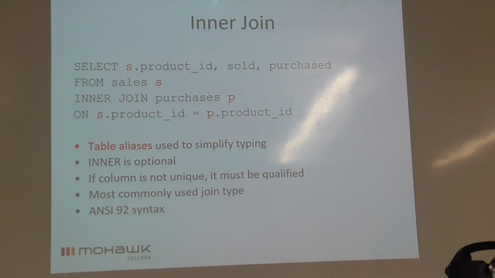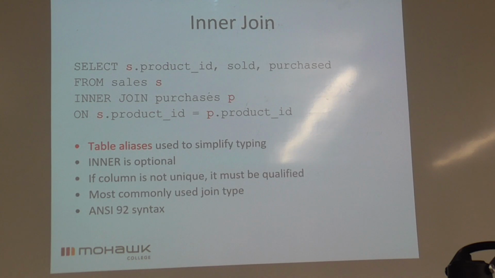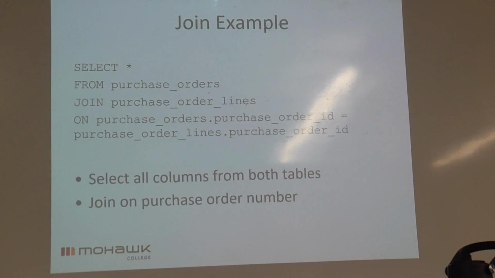So, consider the following inner join on these tables that we've been discussing. Select product ID sold and purchased from sales S, inner join purchases P. So notice that we are aliasing the tables. One thing that you may have noticed here is that's a bloody long thing to write.